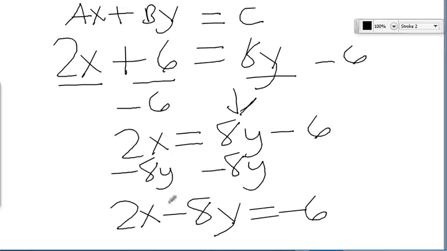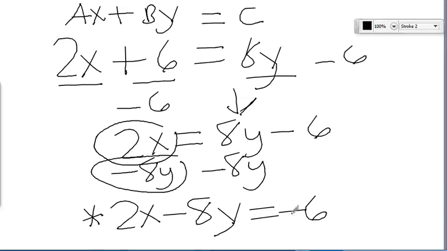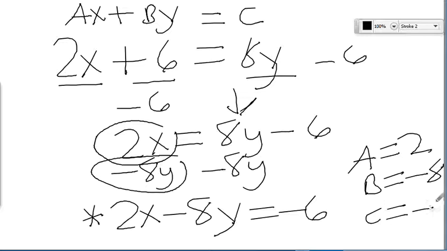Okay, so notice that the 8y is a negative 8y. The 2x is a positive 2x. So that's how we get the 2x minus 8y equals negative 6. So the a here would be 2, the b would be negative 8, and the c is a negative 6.